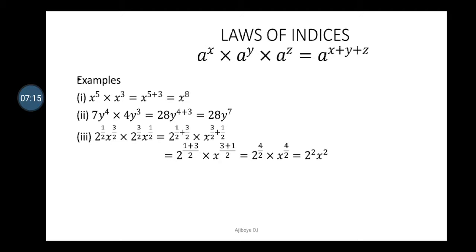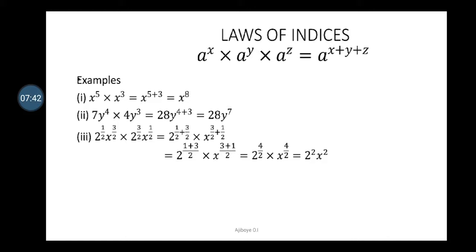And then again, the x's are also index numbers. So you have x raised to power 3 over 2 and x raised to power 1 over 2. So you pick only one x and then you sum the power, 3 over 2 plus 1 over 2. So if you add the two fractions, 1 over 2 is a fraction, add it to the other fraction, 3 over 2. You therefore find the LCM of the denominator, which is 2.